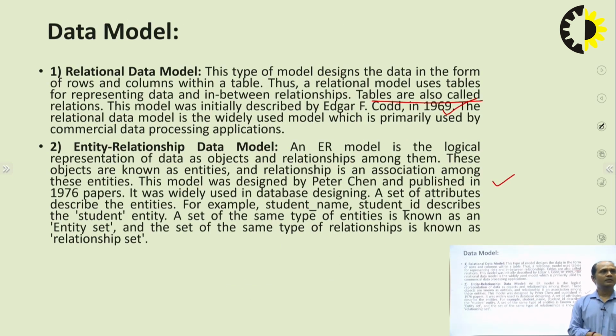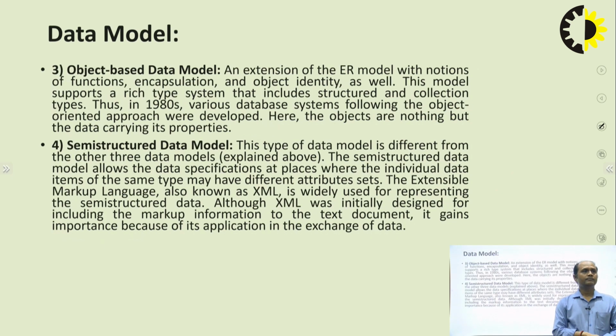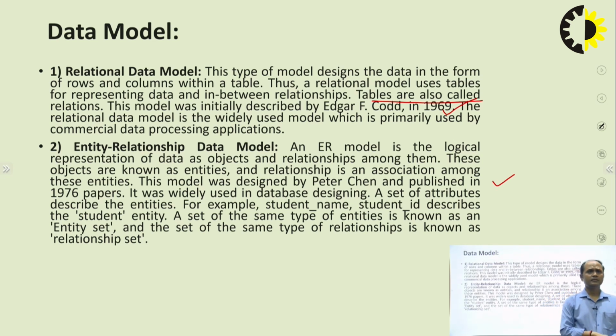The data models are the relational data model, entity relationship data model, object-based data model, and semi-structured model. First, E. F. Codd invented the relational model in 1969. It designs the data in the form of rows and columns within a table, and the relationships between the data exist in that model.